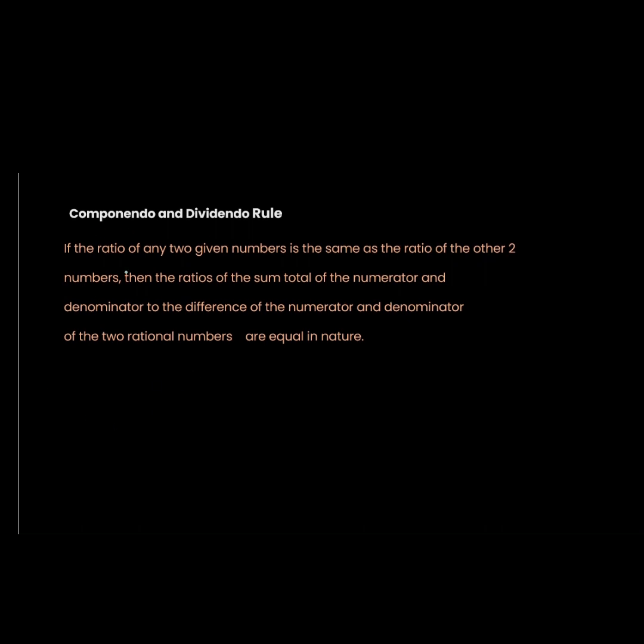For example, if I have the ratio A is to B equals C is to D, assuming these are the two ratios we have, now we can write it as fractions. A over B equals C over D. This is the numerator and this is the denominator, and in the other fraction, this is the numerator and this is the denominator.